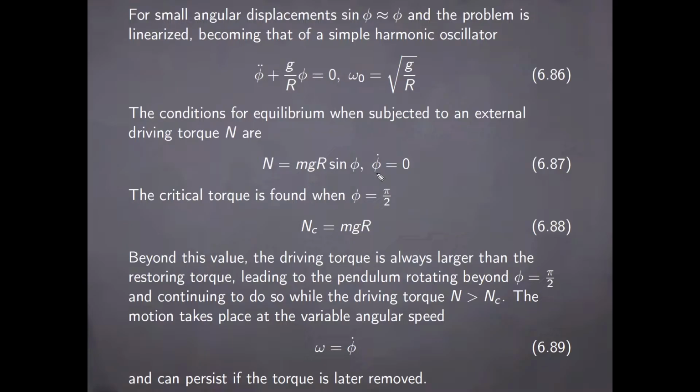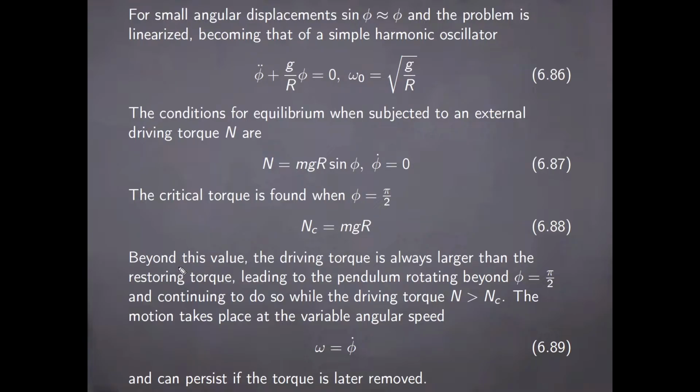So we see from these conditions that there exists a critical driving torque, having a value given by the gravitational torque when phi is equal to pi over 2, and that critical value is the one given here, so it's just m times g times r.